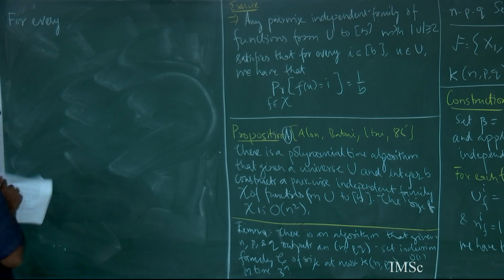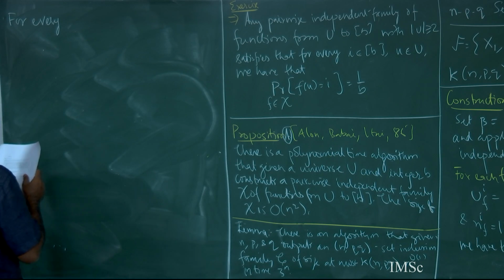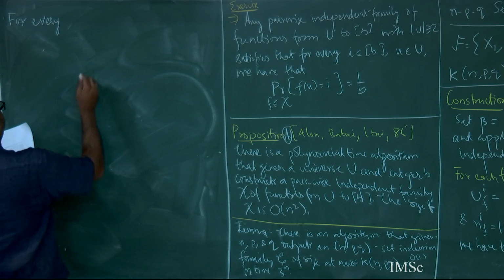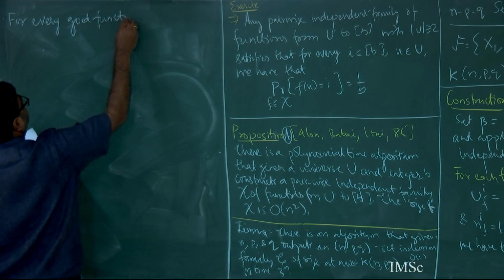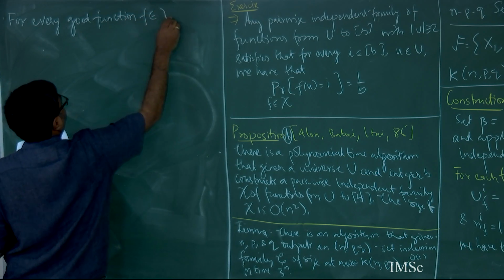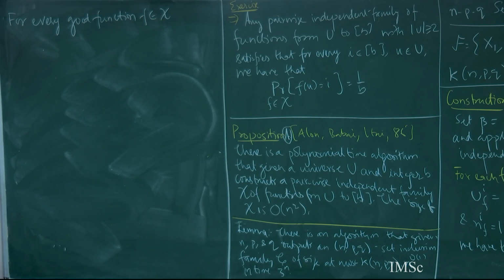So, what are we going to do? For every good function f in chi, those which are not good functions, just throw them out. They are useless for our purposes, because I know for every set y there is an f which will be good. So that's perfectly fine.